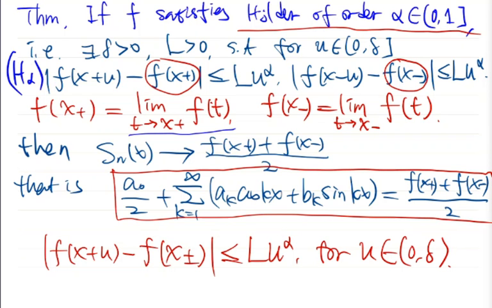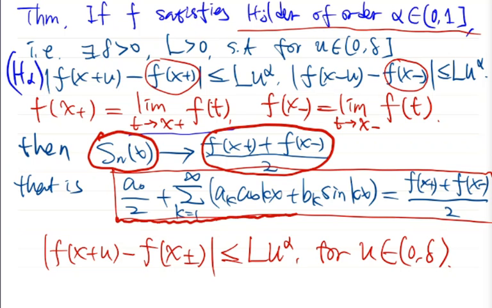So if f satisfies this condition, then the partial sums of the Fourier series at the point x converge to the mean value of the one-side limits of f at x. In other words, the sum of the series is precisely the mean value of the one-side limits.